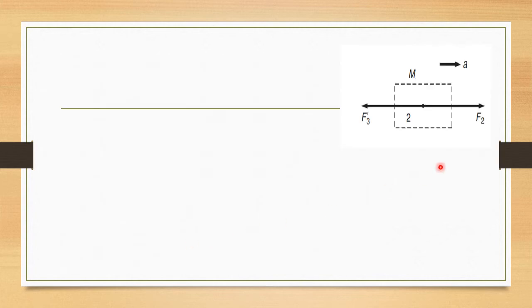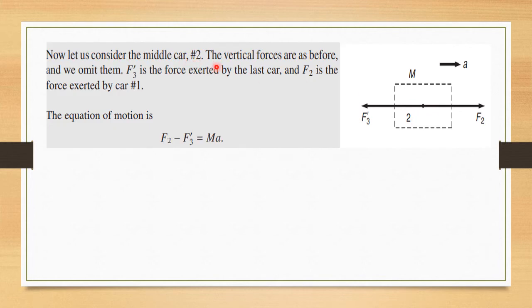Okay. Now take the second car. Here let us consider the middle car. The vertical forces are as before, we omit them, they will be equal. There is no vertical motion for any one of them, so we ignore them. Now what is F3 dash?